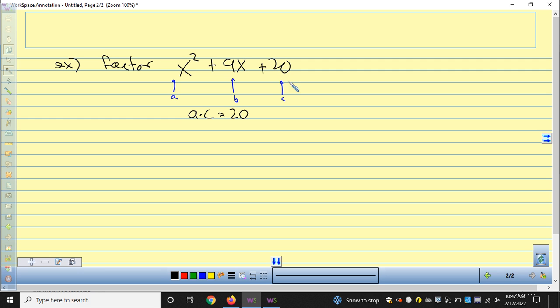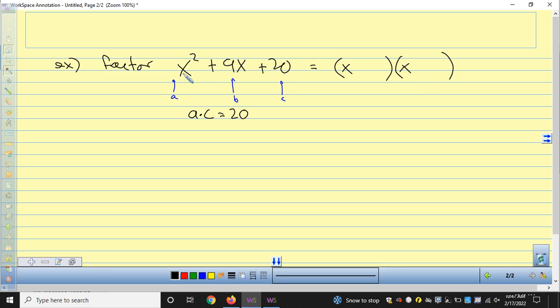Now the way I learned this, the old school way, without the crosses, without the boxes, and when I was in school they never taught us about any of that stuff. The way we think about this is, well, we know we're going to have two parentheses. And the only way that I can get x squared when I multiply the first things in my parentheses for the FOIL is I have to have an x and an x.